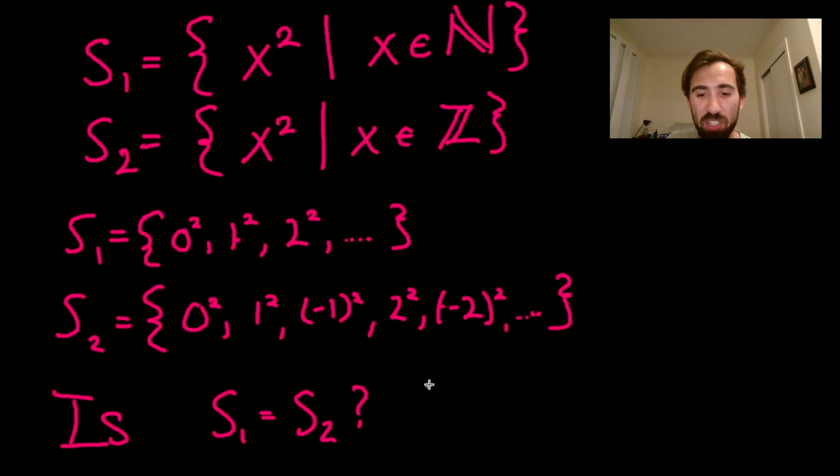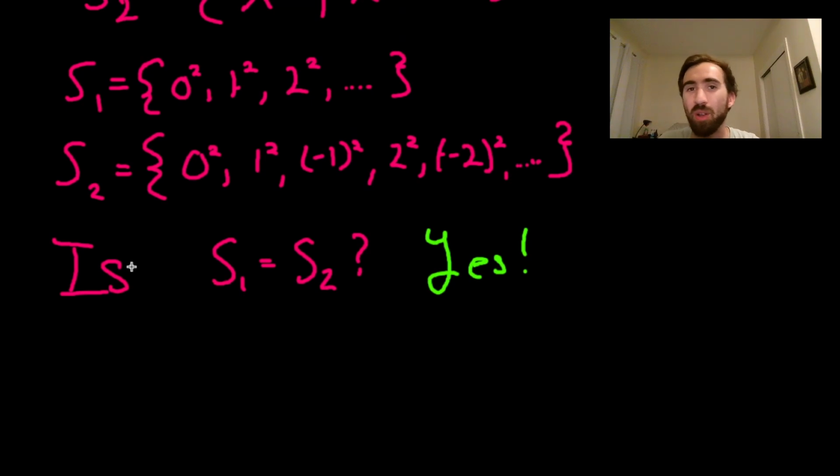The answer to this question is, in fact, yes. These two sets are the same set. So remember that, one, a set only cares about unique elements. So we do not keep track of copies inside of the set, as 1 squared is equal to 1, and -1 squared is also equal to 1. 2 squared is 4, -2 squared is also equal to 4.